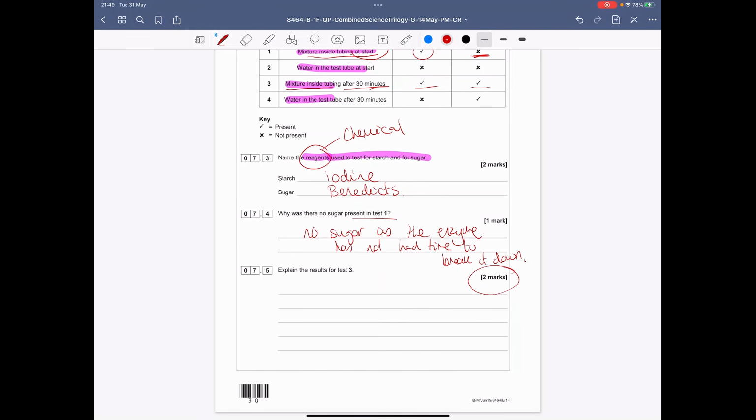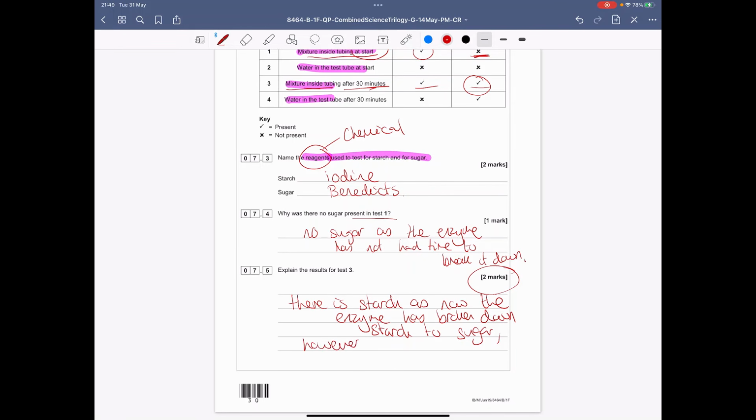So we now have sugar, because we can say the starch has been broken down into sugar. There is sugar, as now the enzyme has broken down starch to sugar.